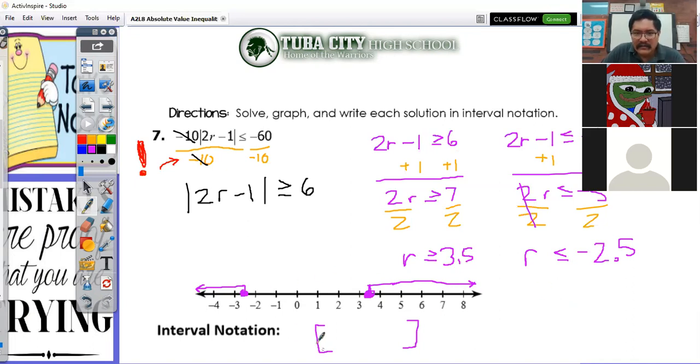All right, now let's go ahead and use our interval notation. So this one, in this case, they are not pointing towards each other, so it didn't make sense for me to write them. I knew there were going to be brackets in there, but oh, negative, okay, negative 2.5.